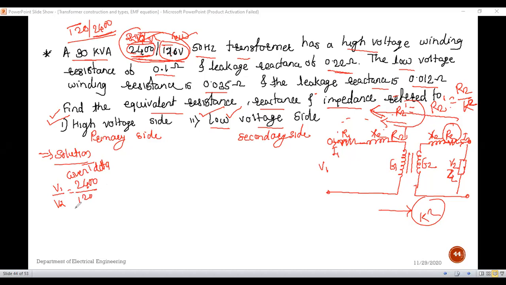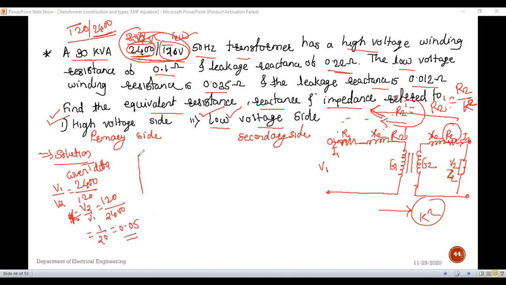Okay, so how do we write K? K is equal to V2 divided by V1. So V2 is 120, V1 is 2400. 0.05, or write it as a fraction, whatever comes. So 1/20, or it is equal to 0.05. K came.